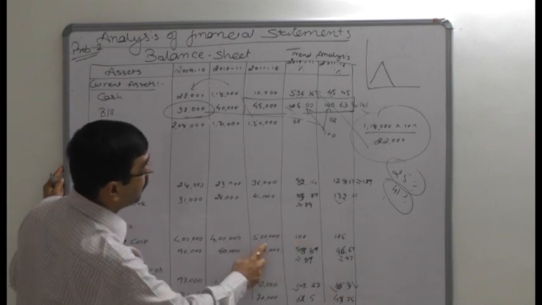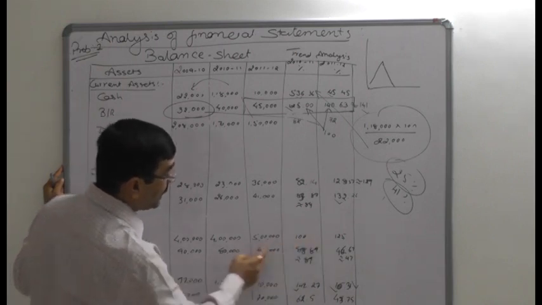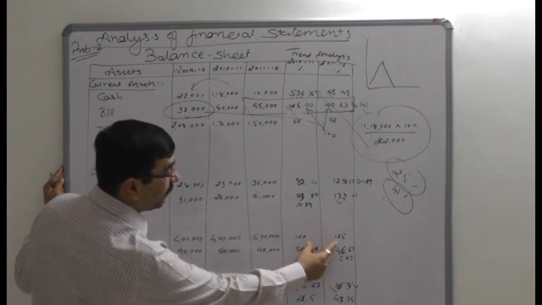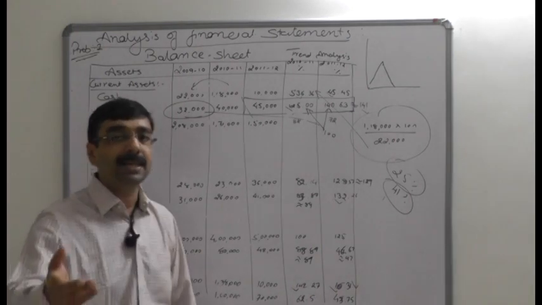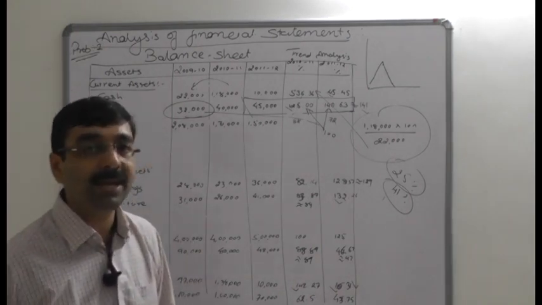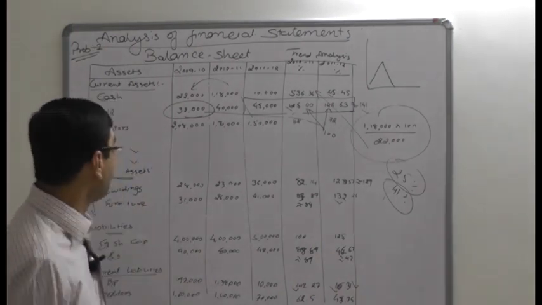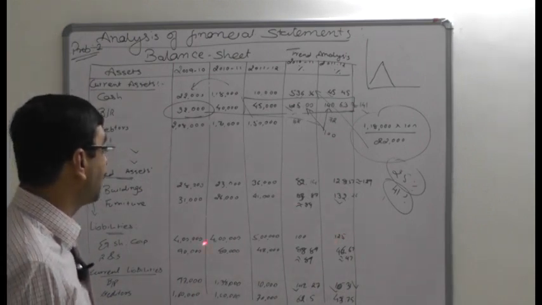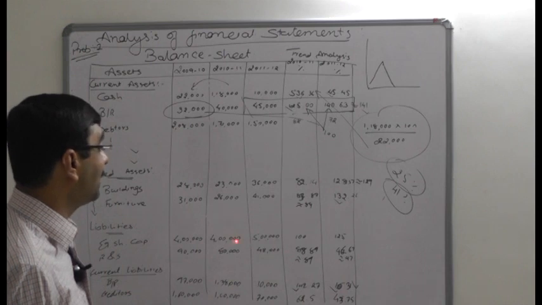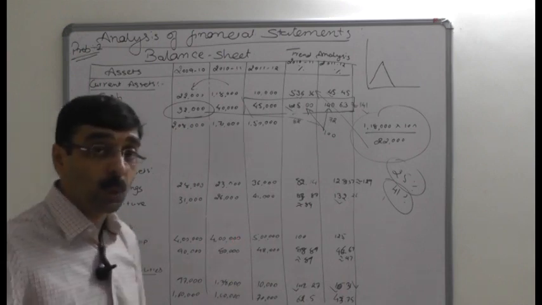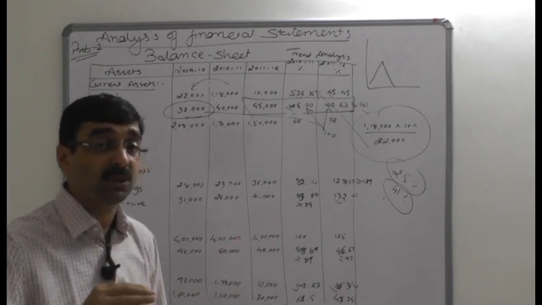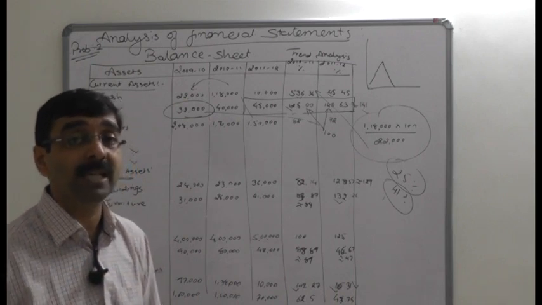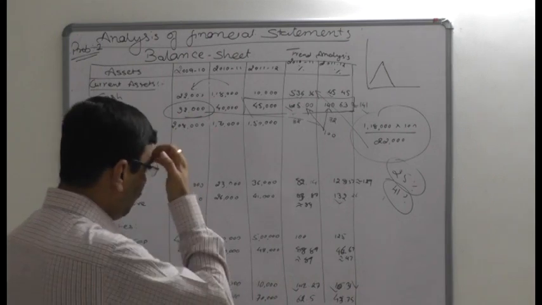But in 11-12 it increased by 1 lakh, so it shows 125%. As compared to the base year, you can easily say the amount increased by 25%. So the change in equity share capital is a 25% increase as compared to the base year as well as the last year. The trend shows that it increases gradually whenever more capital is required in the firm.